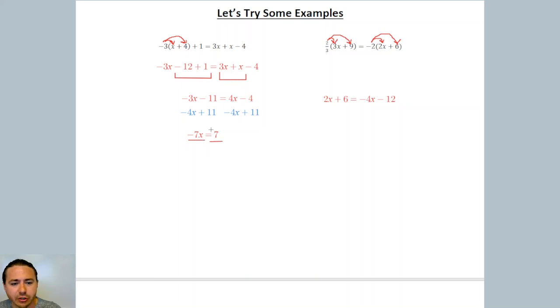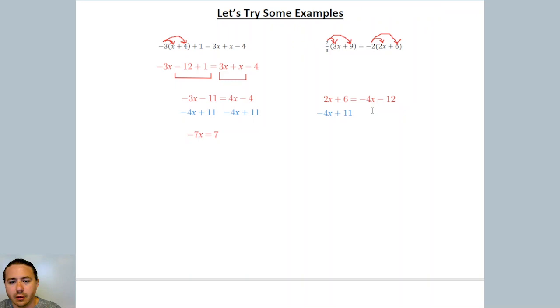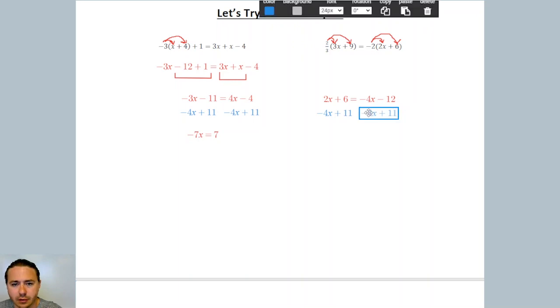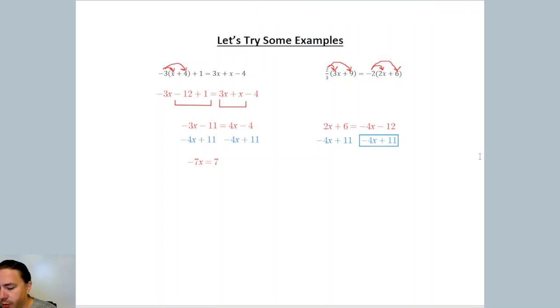Okay, before I do the next thing, let's go ahead and do the same step over here. So here we want to add 4x to both sides. Okay, so plus 4x, and then we're going to subtract 6 on both sides.